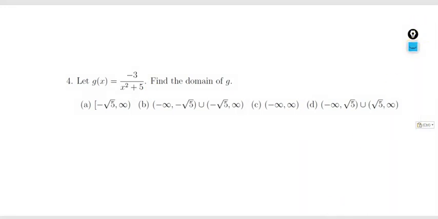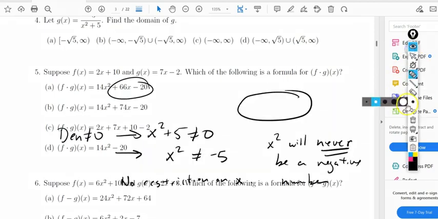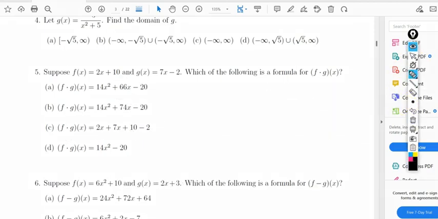Well, let's go back. Okay, so here, unmistakably, that is the multiplication sign. So f times g evaluated at x is just going to be the formula for f times the formula for g.